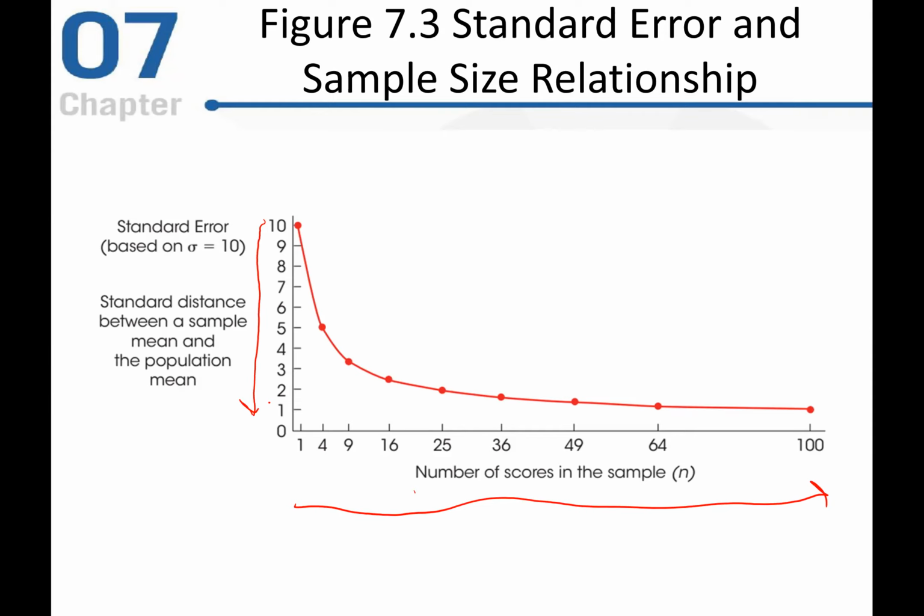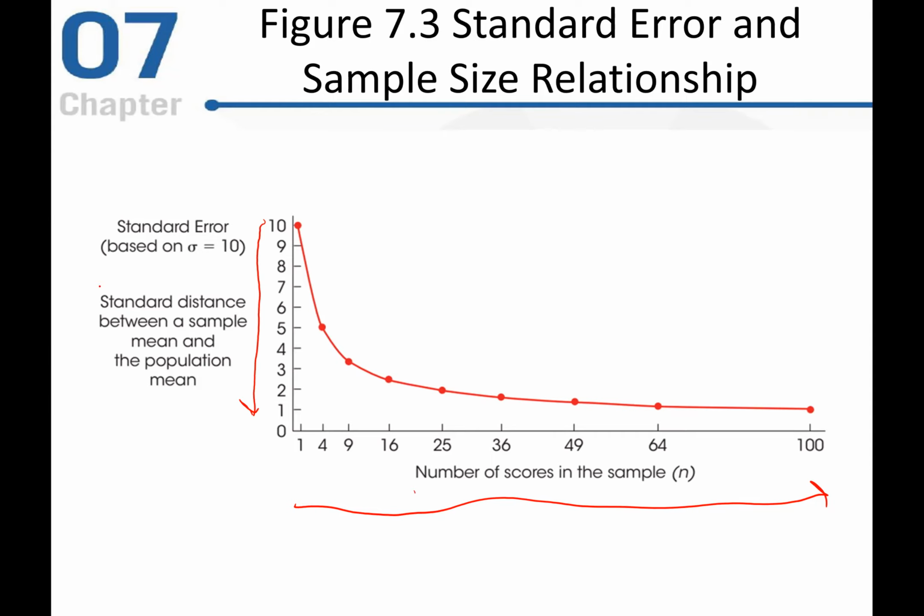There is an inverse relationship between the two. As the number of scores in a sample goes up, standard error goes down. As standard error goes up, the number of scores goes down.